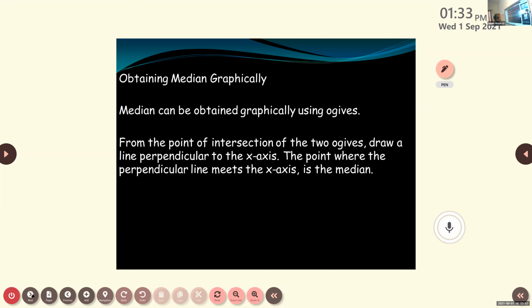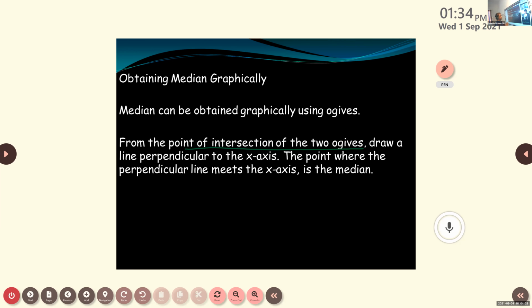Now from this, we can find the median. In the previous one, I told you how we can get the mode graphically. The same way, from this, we can get the median. How can we get it? I will tell you. By using ogives, we can get the median. What we have to do is draw these two ogives on the same graph.